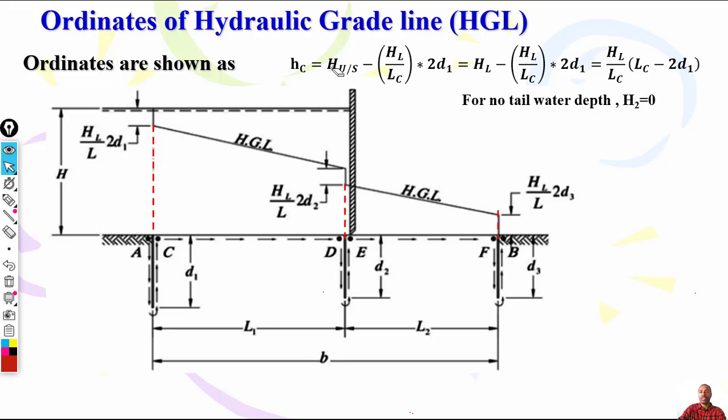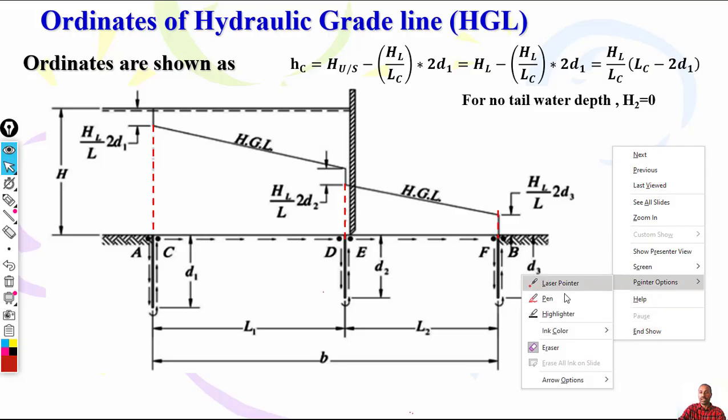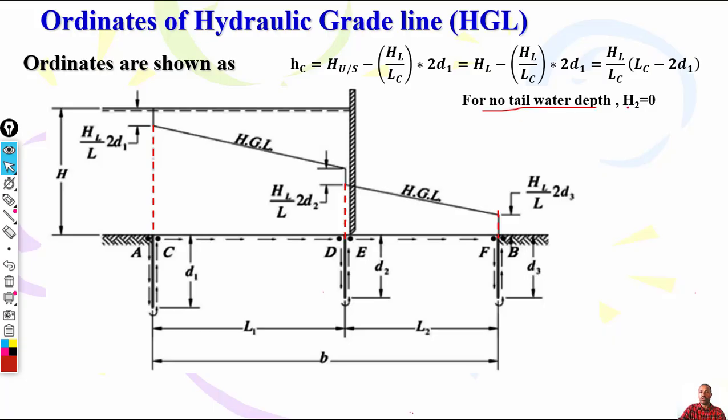Once you compute, you have H upstream minus head loss divided by creep length times 2D1. Finally, you can substitute head loss in place of H upstream. If there is no tailwater, H2 equals 0, then you will have this general equation.